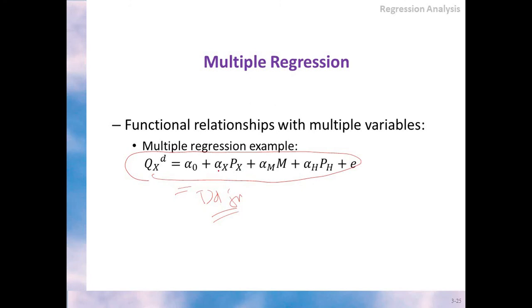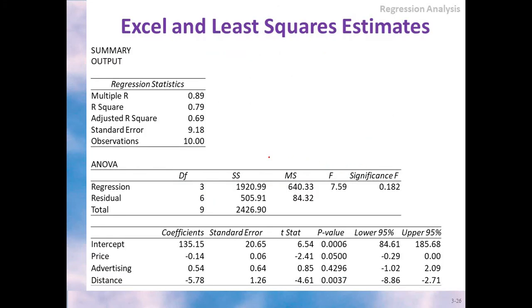Here you can put any variables that we think will influence this Q. In this case, we have price of X, we have income, we have price of H. But we can have more actually. I just want to show you, because just now we had only price, but now we have three things: the price, advertising, and distance.